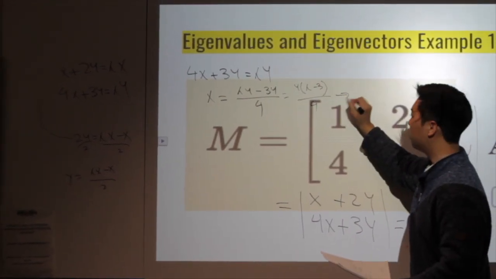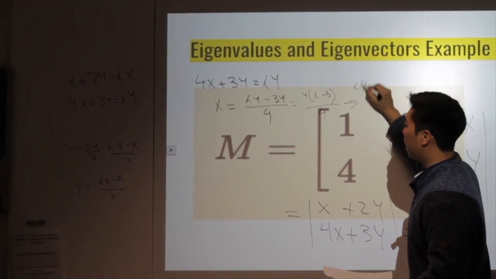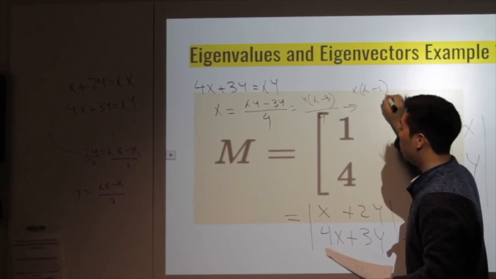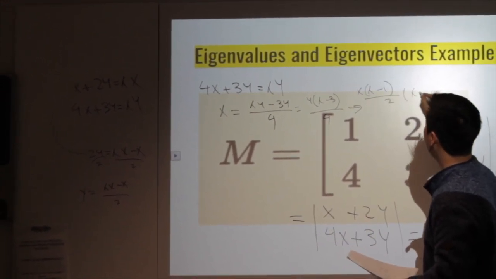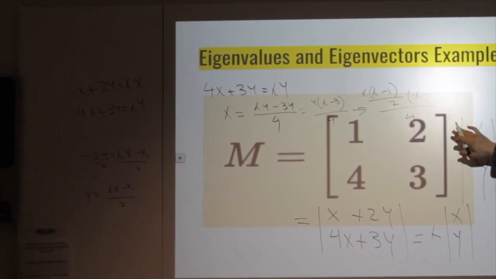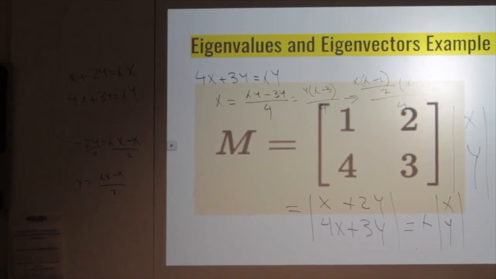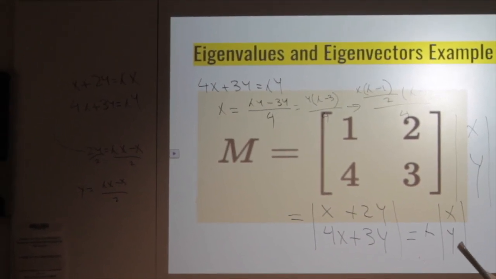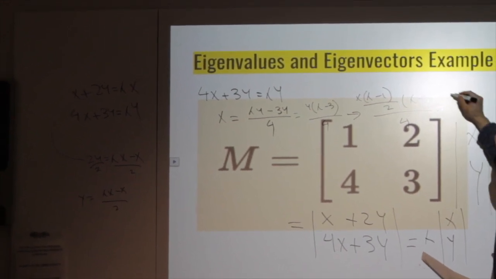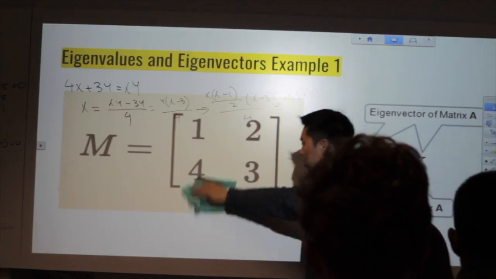So then it's going to become lambda x, lambda minus 1 over 2, lambda minus 3 over 4. So is anyone confused on this part? Right here? No? So I just substituted in for x or y. Now I'm just going to simplify more. I end up with x, lambda minus 1, lambda minus 3.